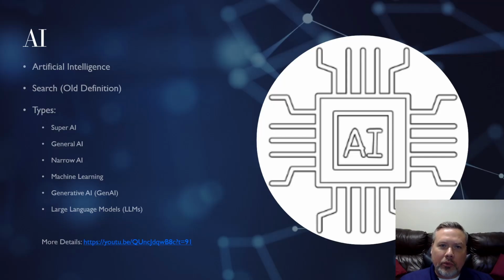What we have today is what we call narrow AI. Each AI system is narrowly responsible for a particular situation. So, for instance, we have self-driving vehicles, but instead of having one AI that controls everything, we have a narrow AI that is specifically focused on vision.